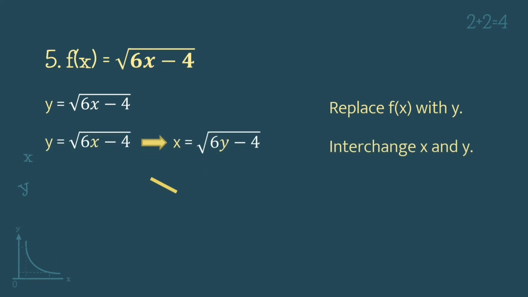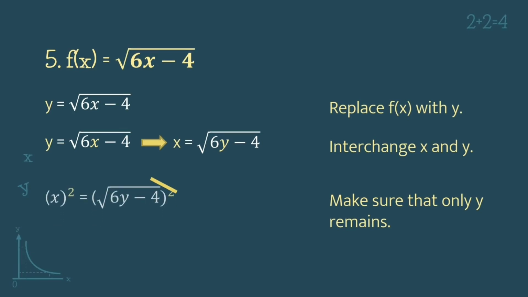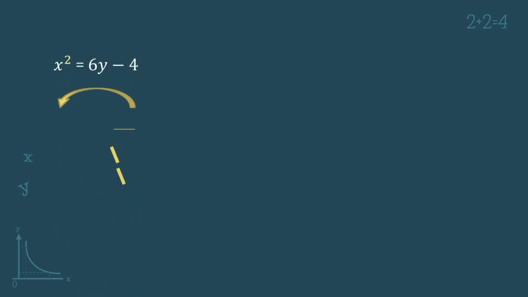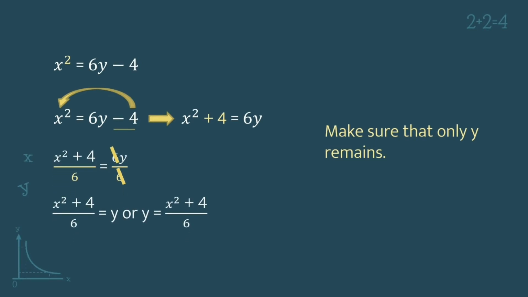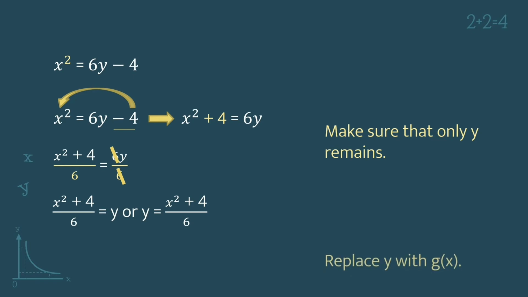After that, in order for only y to remain on the other side, we will have to get rid of the square root by squaring both sides. After getting rid of the square root, we transpose negative 4 over to x squared, not forgetting to change its sign. Next, we divide both sides by 6 and change y into g of x. And now we have our final answer.